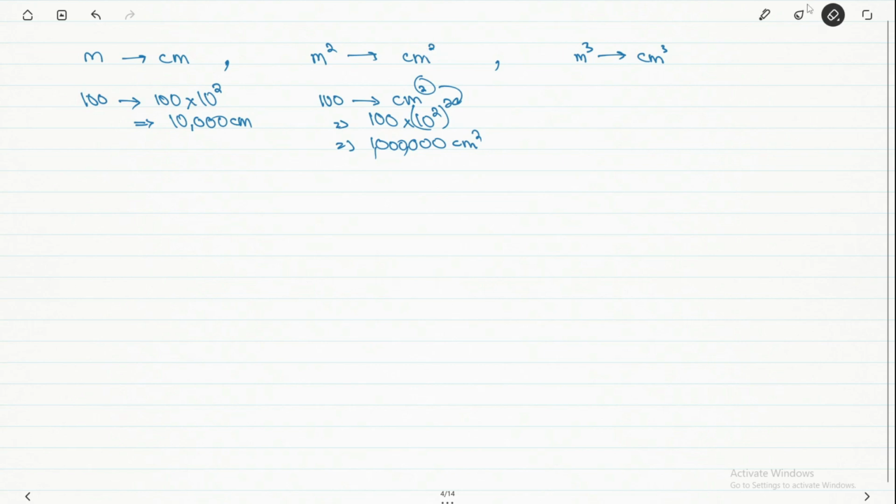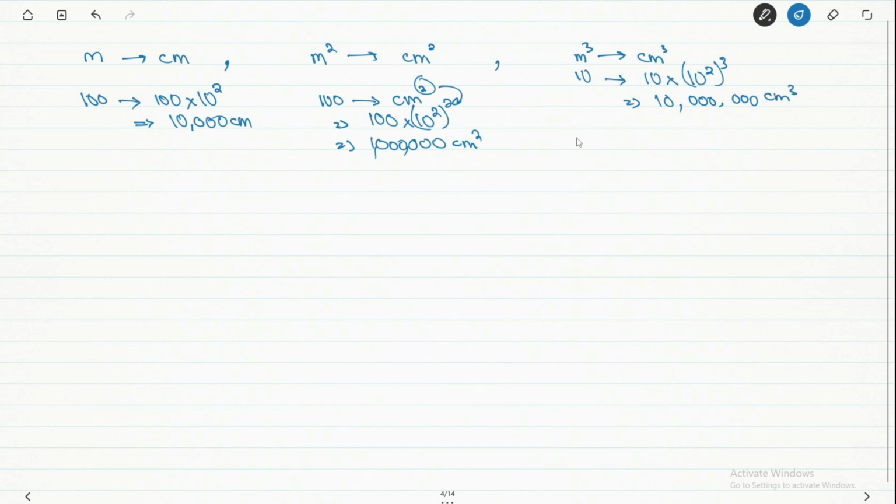Now let's do it one more time with meter cube so you'll understand it properly. Now I'm taking the reading of 10 so the value doesn't increase too much. 10 raised to the power of 2 cubed becomes 10 million, right? 10 million cm cube.